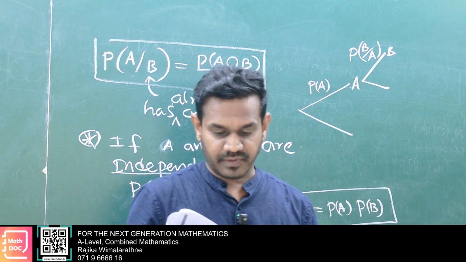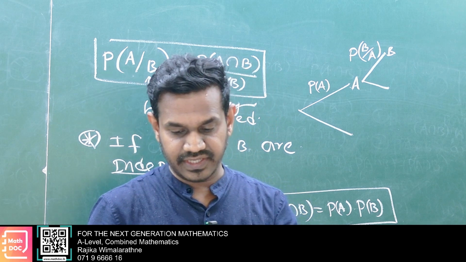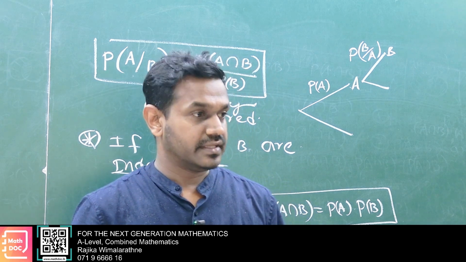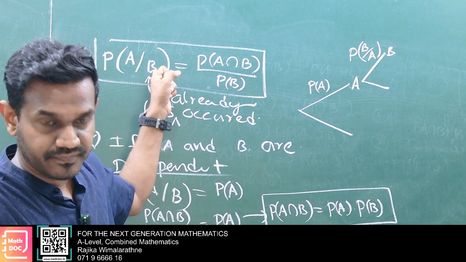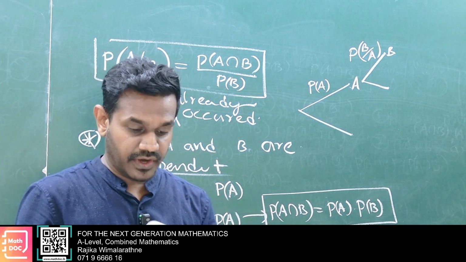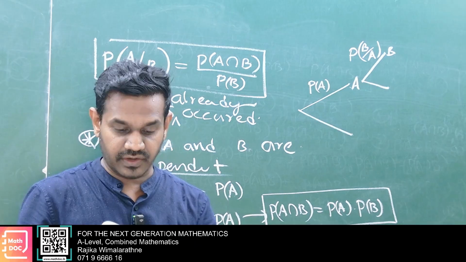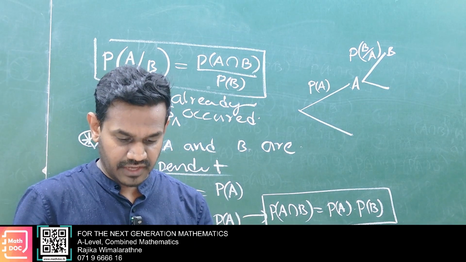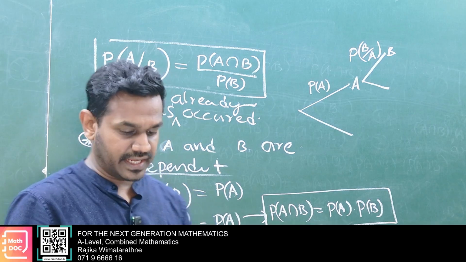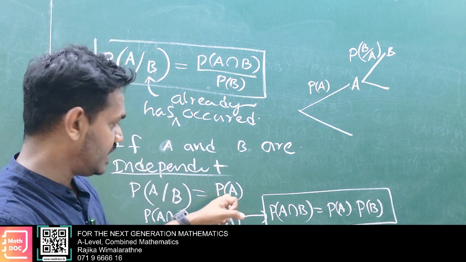It says the probability that A happened given that B already happened. Then the downstairs one has already happened. Important note: P(A given B) is not equal to P(B given A). So it is different, no? If A and B are independent events, then P(A intersection B) over P(B) is P(A).